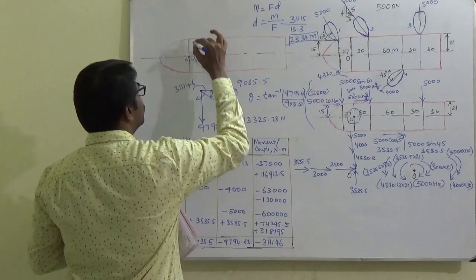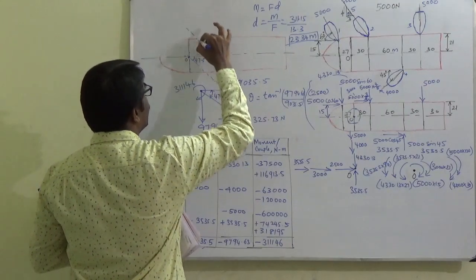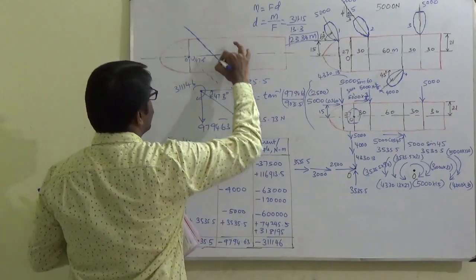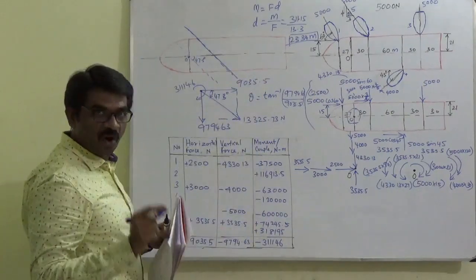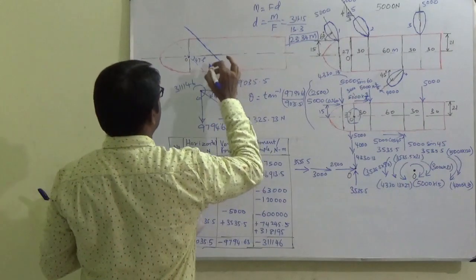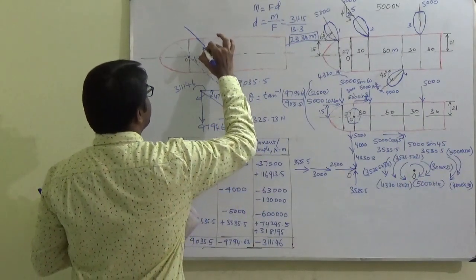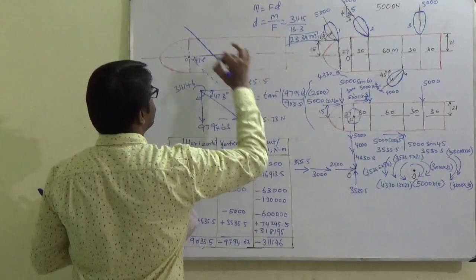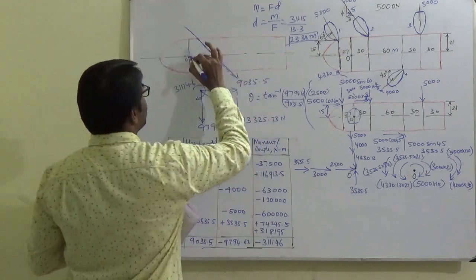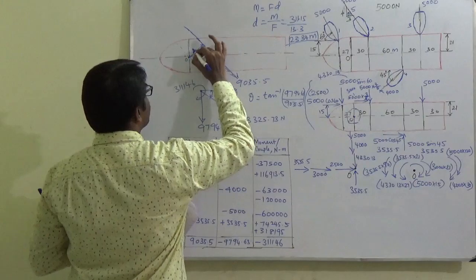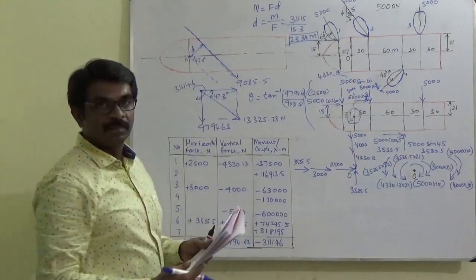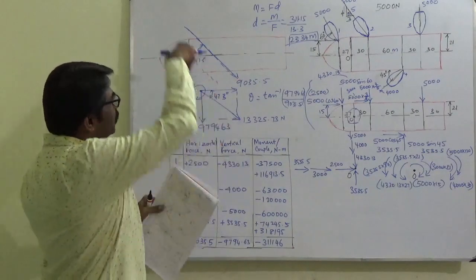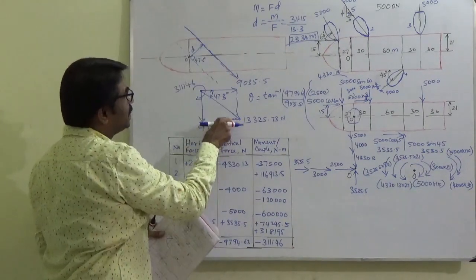So a parallel, this is the line of action of the resultant force. This is the direction. This is the distance. Right. So in this line of action, you know the direction of the resultant.